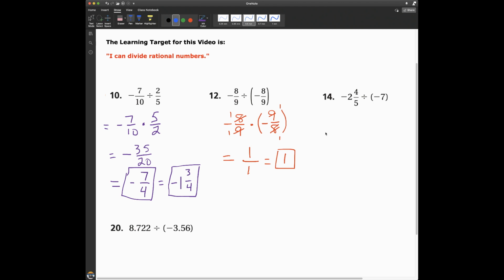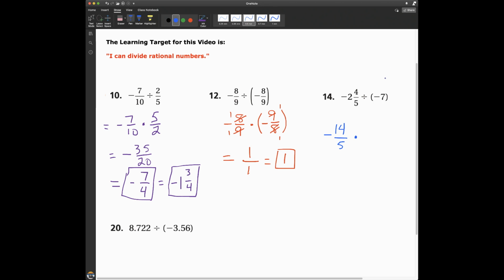Number 14. First thing I want to do is change negative 2 4/5 into an improper fraction. So this will be negative. 5 times 2 is 10. 10 plus 4 is 14. So I have negative 14/5. Keep, change the sign, and then flip.